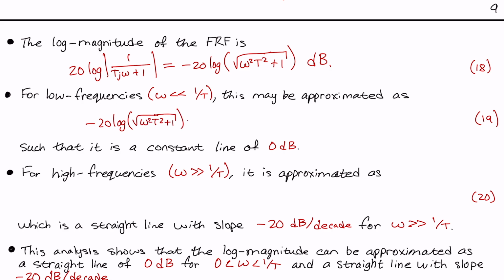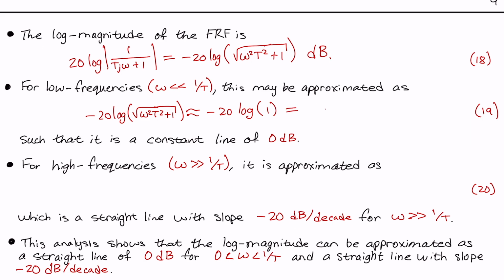Because omega is much, much less than 1 over T, the first term under the square root is going to be very, very small. As a result, we can neglect it, leaving only a 1 here. So we'll get minus 20 times the log of 1, which is equal to 0 dB. Such that at low frequencies, our Bode diagram is just going to be a constant line of 0 dB.